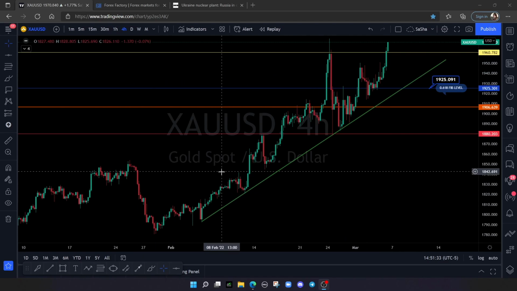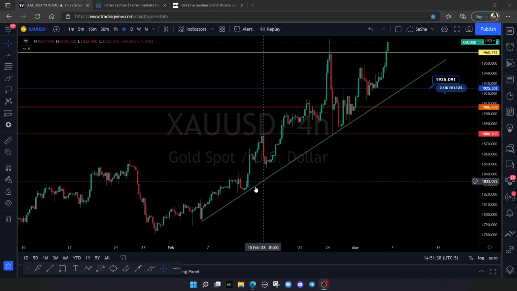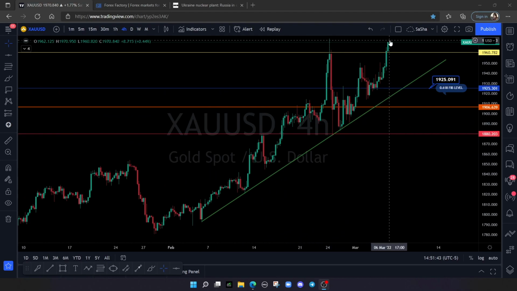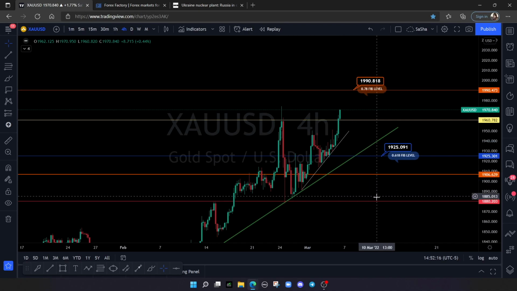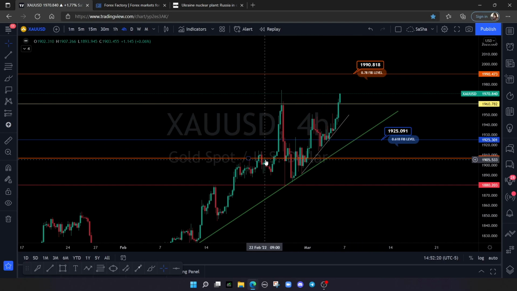We see this ascending trend line here, right? This is the trend line which has been supporting the price so far, until it started shooting up to the top side. We have closed above the 1961 level. The other significant level at the top is 1990. Supports that I figured out: horizontal support is 1906 here, and then this 1880 level.